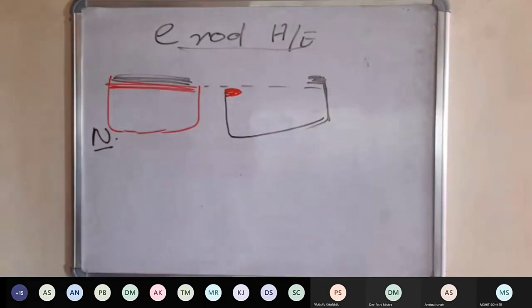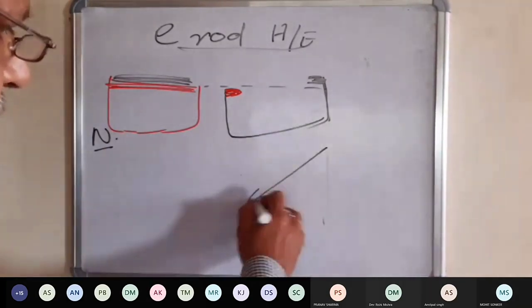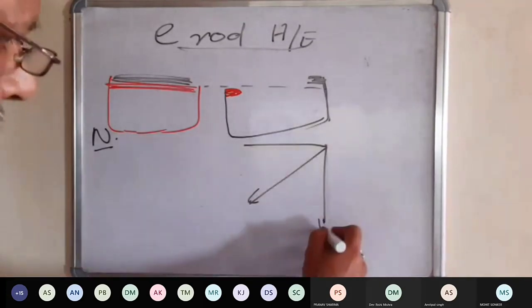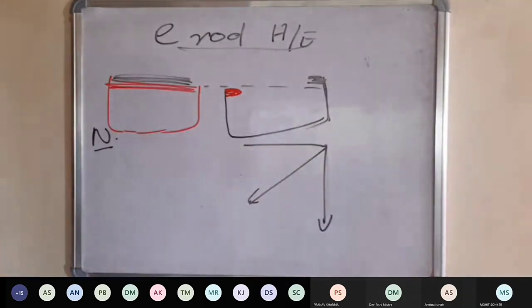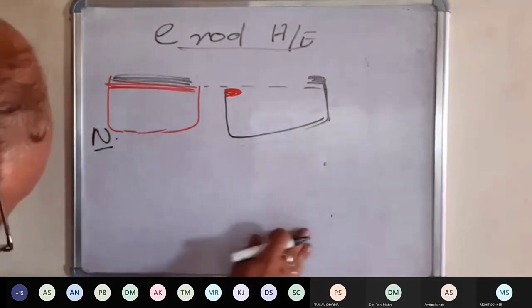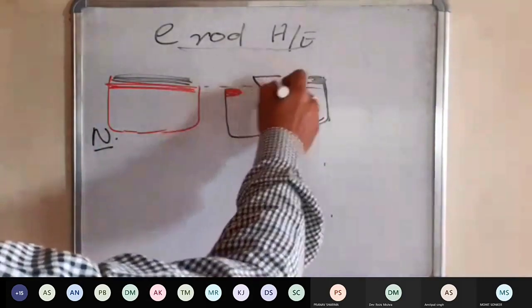Since we are in north hemisphere, the total force is dipping at an angle. No, not this side. So the compass is here.